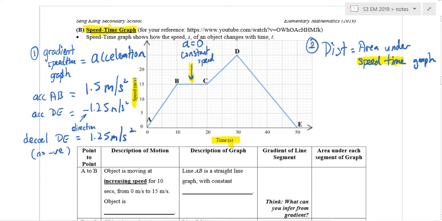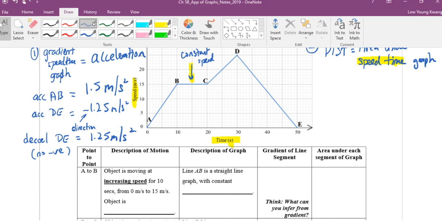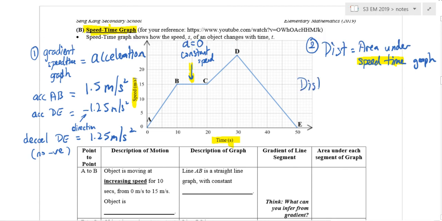See, I ask you now, what is the distance of AB? Can you write down? What is the distance AB? Is it 15? No. It's area under AB graph, which means you have to draw a line and you got to calculate this area.